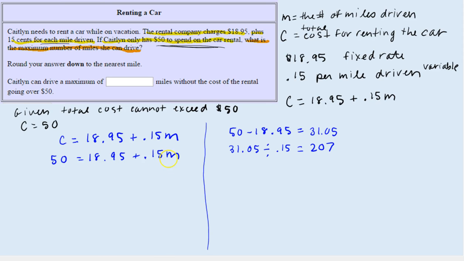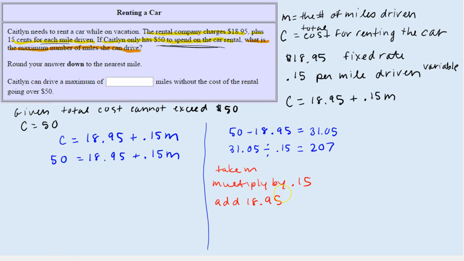So this says if I take m, multiply it by 0.15, and then add 18.95, that result will give me the cost, which we want to be $50.